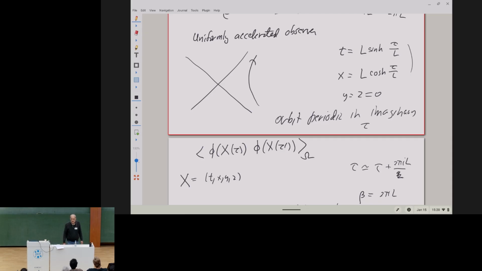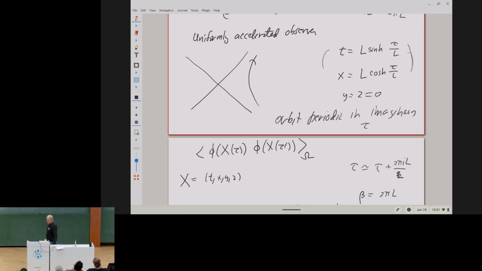So for this uniformly accelerated observer, the trajectory is simply an orbit of the one parameter group generated by what we called K. So with K regarded as a time translation, this is a time translationally invariant orbit. So at any point along the orbit, K looks like L times the local Hamiltonian.